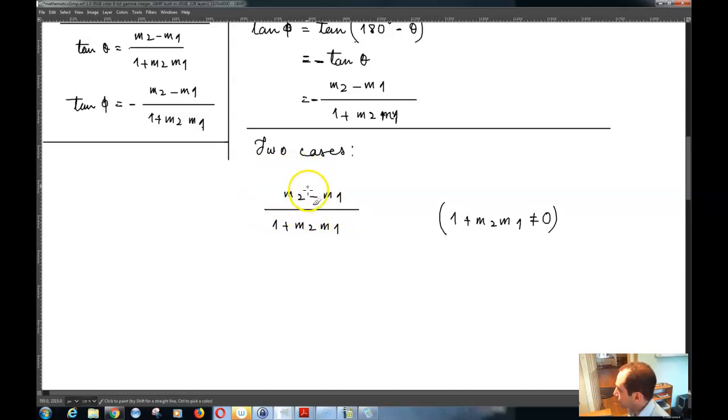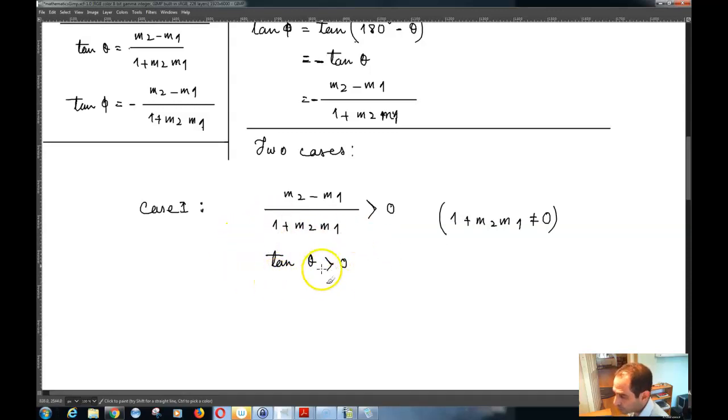So now, case 1, which is basically this whole fraction is positive. If this is positive and you know that this is equal to tan of theta, then that means that tan of theta is positive.